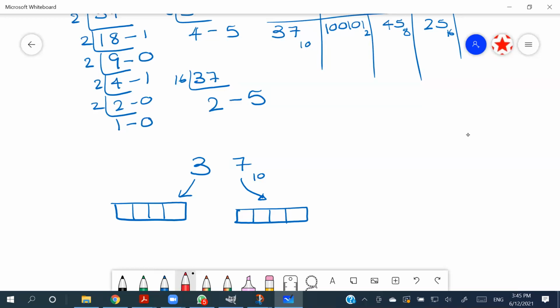Now how is 7 represented in BCD? Again you can use this 1 2 4 8. So 0 1 1 1. 3 can be represented as 0 0 1 1. And when you are representing BCD, don't leave out the leading zeros.